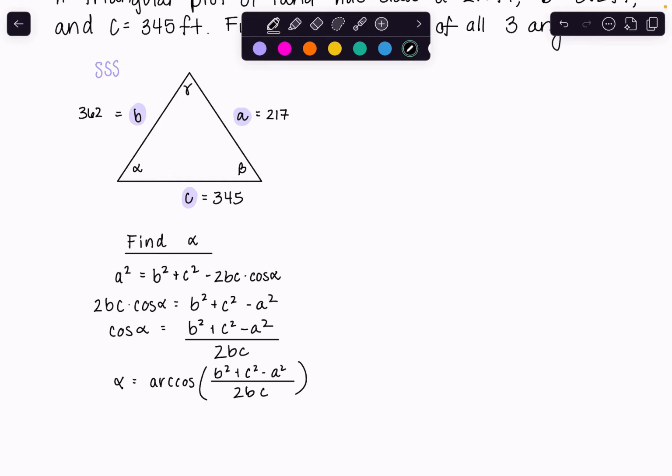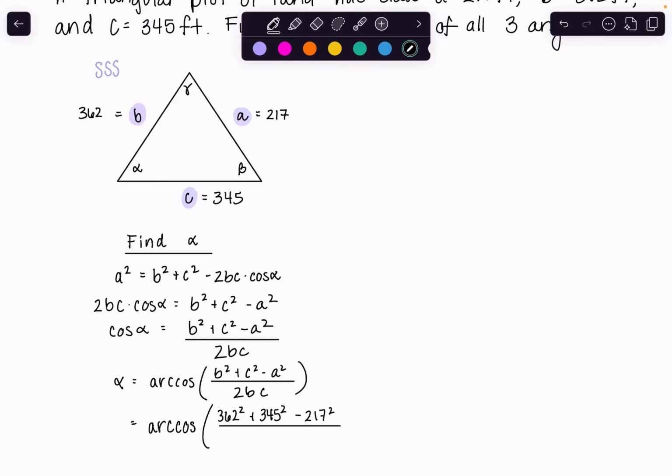And then at this stage, now I have everything for alpha. We go ahead and plug all these side lengths in. B is 362. C is 345. And A is 217. So we need to subtract that.